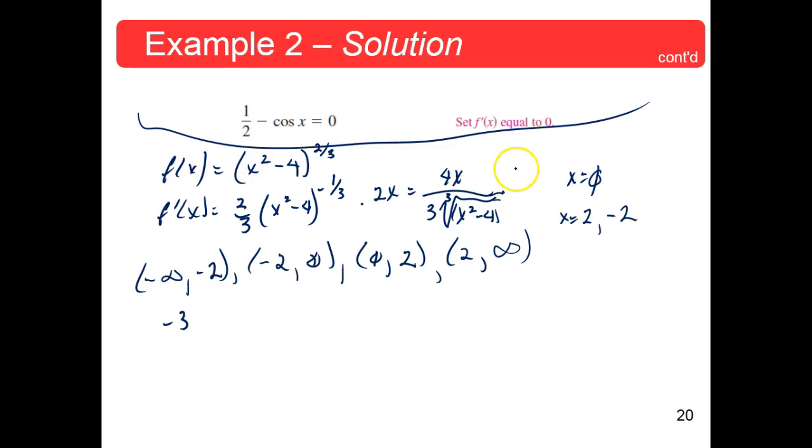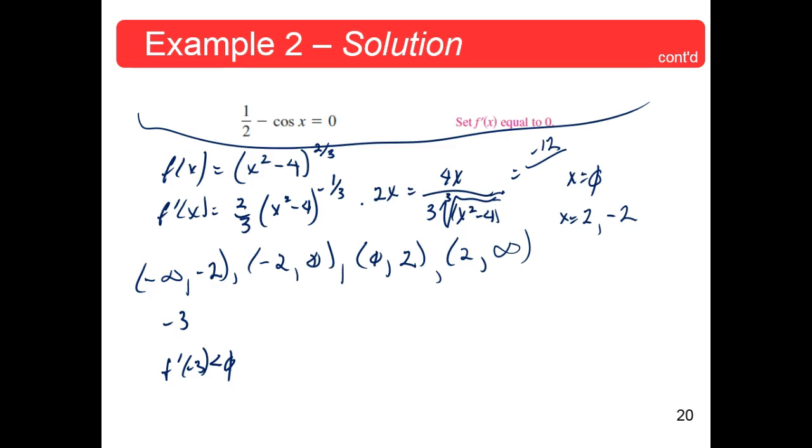The numerator is -12. The denominator, at -3, is going to be 9 minus 4, which is positive. Cube root of a positive number is positive. 3 times a positive number is positive. So f prime of -3 is less than 0 because the numerator is negative.